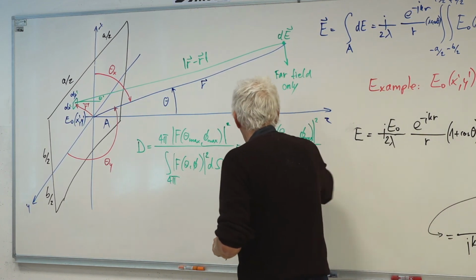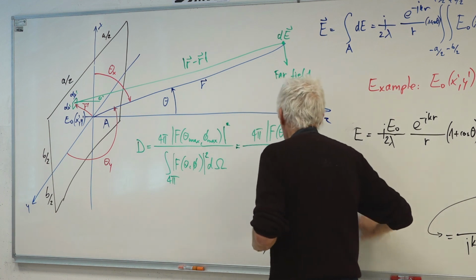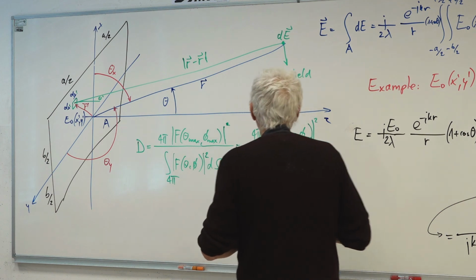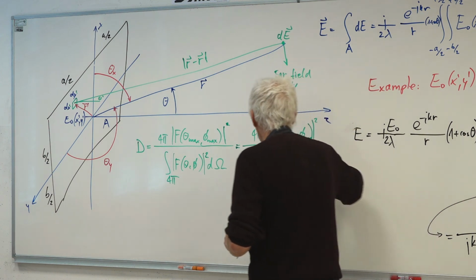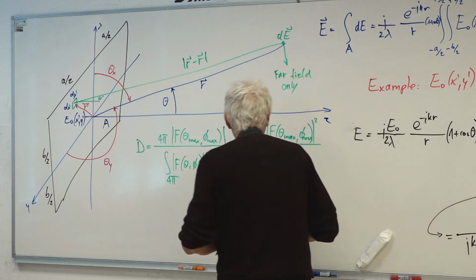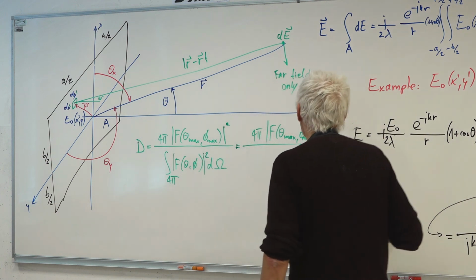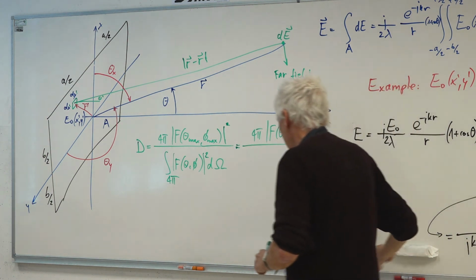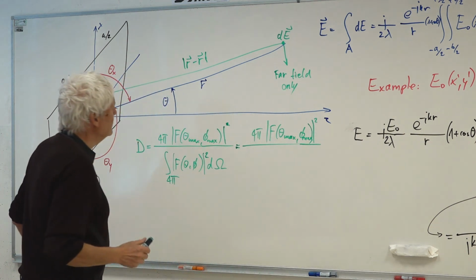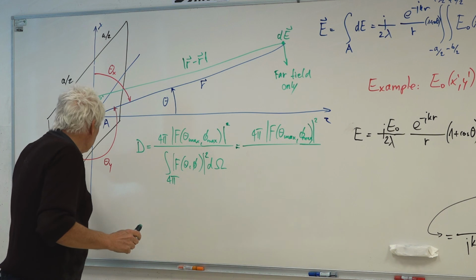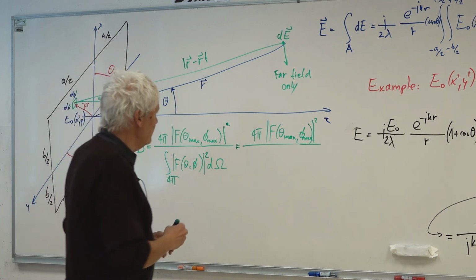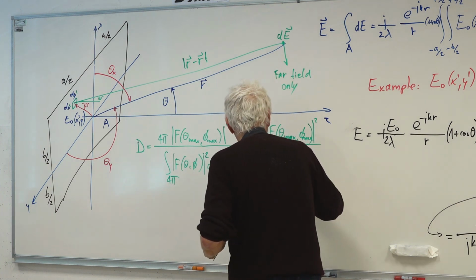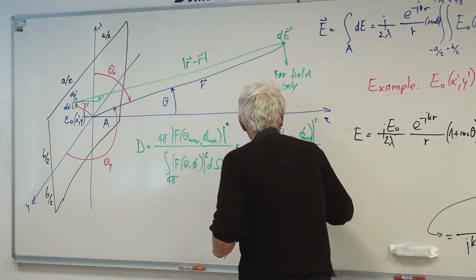And so I have the whole power. So it's maybe better to rewrite this in a slightly different way. To obtain the power over here, I simply can integrate this E0.